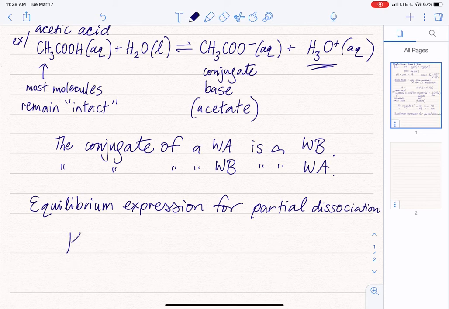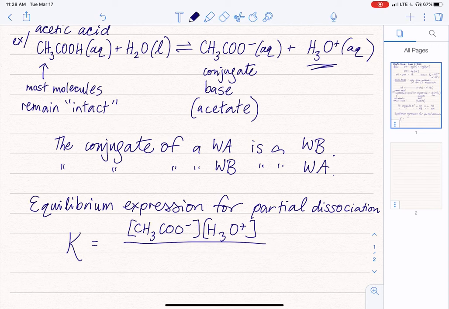So the K for this reaction is going to be equal to the concentrations of the products. In that case, it's acetate and hydronium over the concentrations of the reactants, which in this case is just going to be the acetic acid, right?